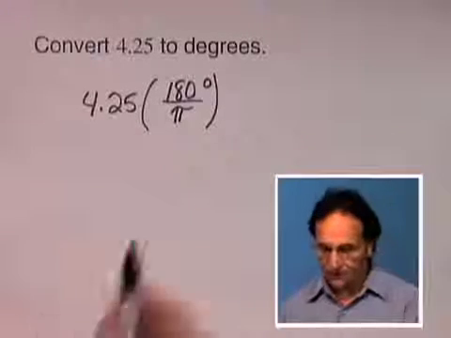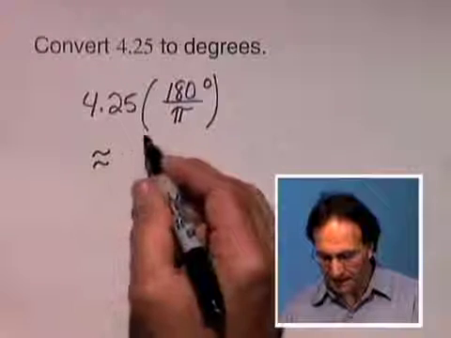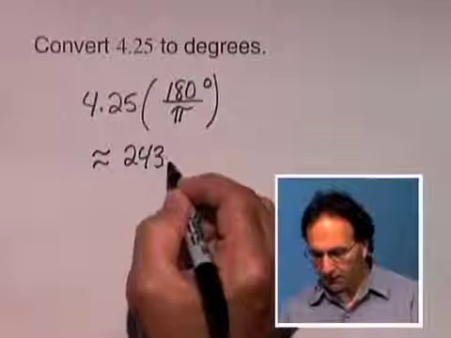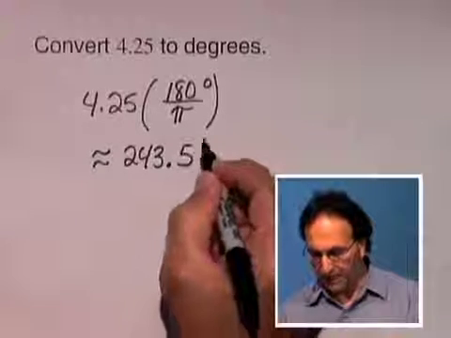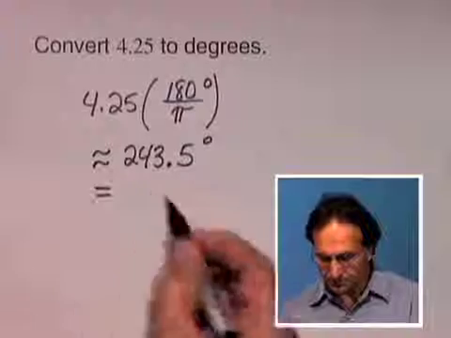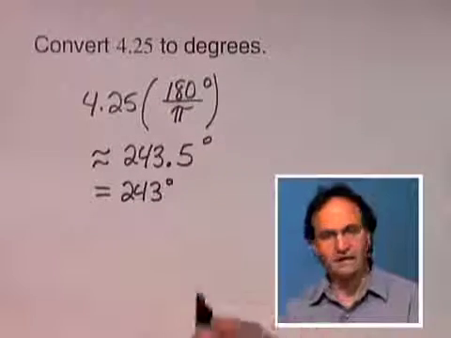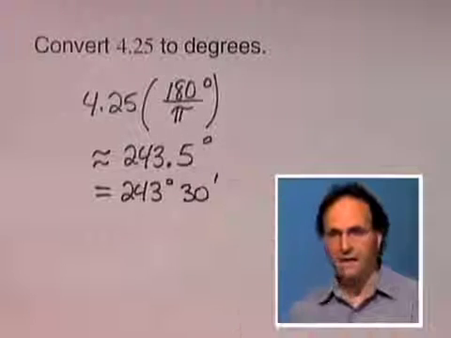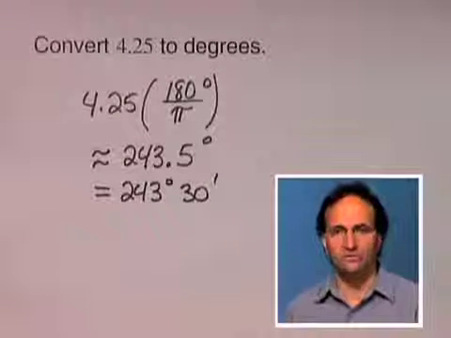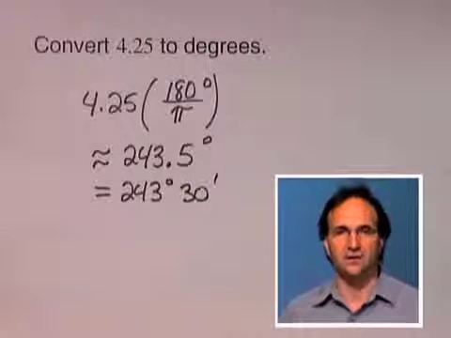We'll use a calculator to do this, and it will give us an approximate answer of 243.5 degrees. Now you can, if you choose, rewrite that as 243 degrees, 30 minutes. Either answer will suffice, and that's what 4.25 radians is equal to.